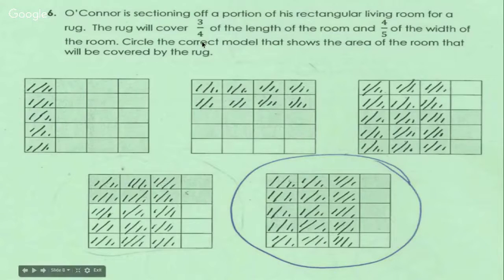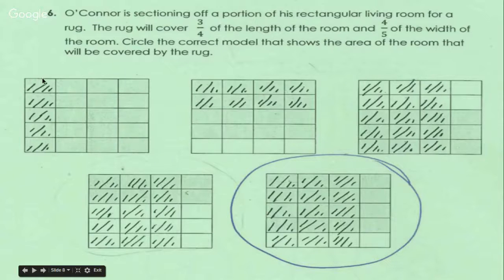Now, in terms of the modeling, the big thing to remember is if one of them is going vertically, the other has to go horizontally. And if you used our strategy of counting the boxes across, 1, 2, 3, 4, and counting our boxes going down, 1, 2, 3, 4, 5, hopefully that helped you to realize that since it's 1, 2, 3, 4 going across for each of our models, you had to model the 3/4 going vertically.